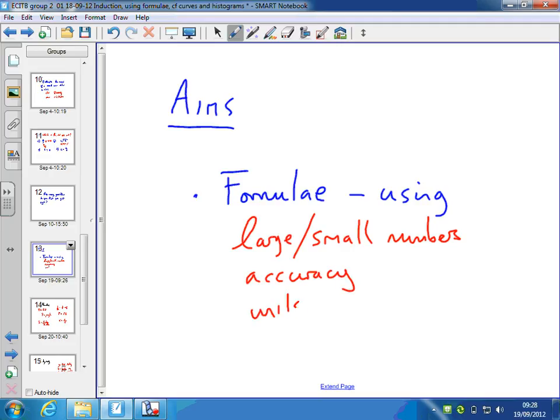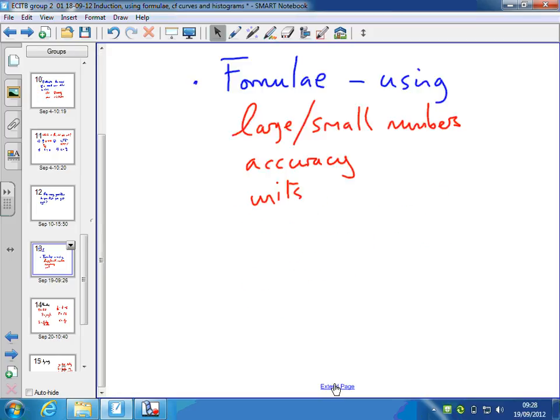And units, which is always a big issue. So that sort of thing to do with using formulae. Coping with large and small numbers. What accuracy do you give your answer to, and what do we do about the units and these things? And then we'll make a start on that.